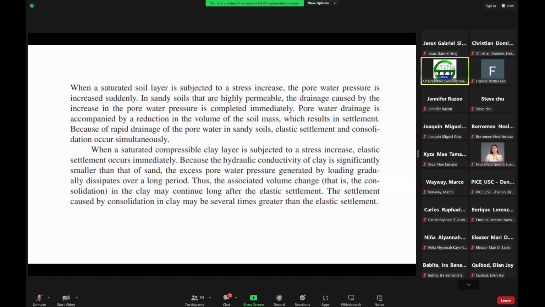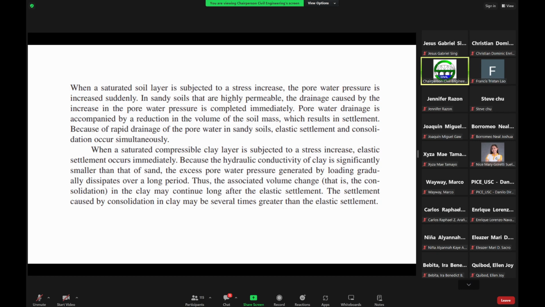But because the hydraulic conductivity of clay is significantly smaller than that of sand, the excess pore water pressure generated by loading gradually dissipates over a longer period, unlike in the case of sandy soils.